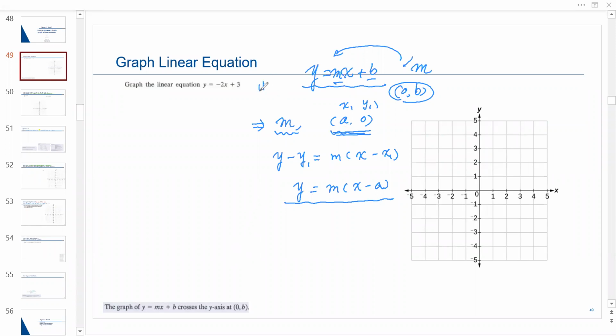So the first situation is they tell you m and the y-intercept. In the second situation, they tell you the slope and the x-intercept, and you can use this method. If they tell you m, but not an intercept, just a dot, you can use y minus y1 equals m(x minus x1). So you have a slope and one dot, and you can get the linear line.